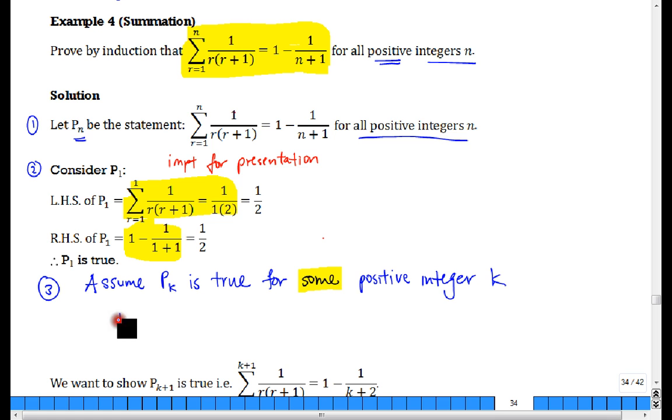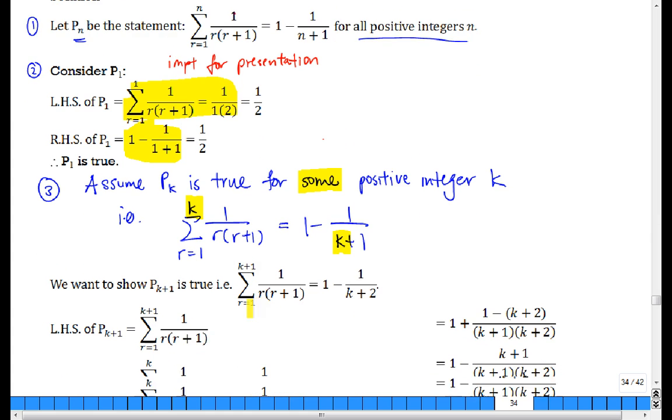We will always write this, i.e. the sum from r equals 1 to k of 1 over r. Notice, when we say Pn is this, Pk will be just changing the n to k. Don't go and change the r. Pn is this, Pk is changing n to k. That's all. Very simple.